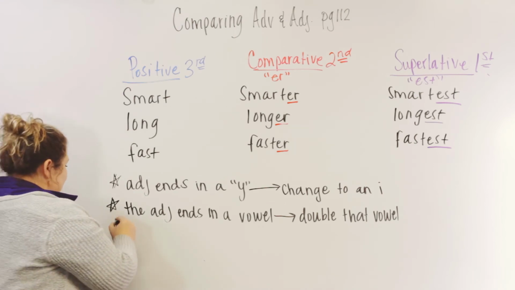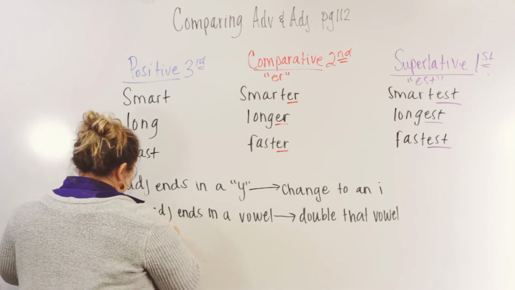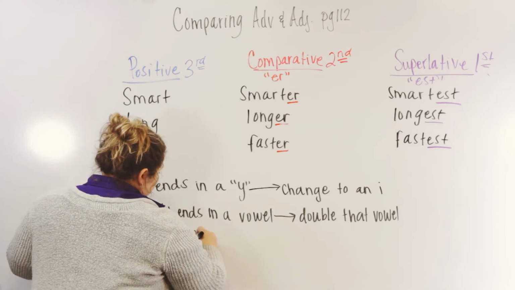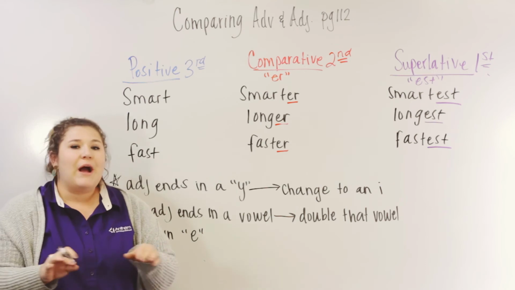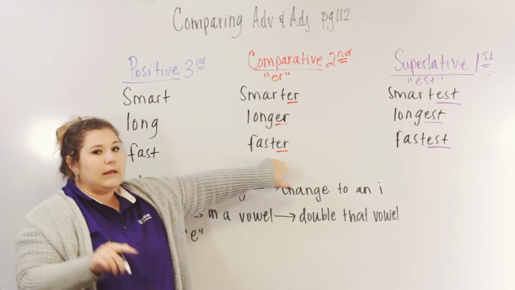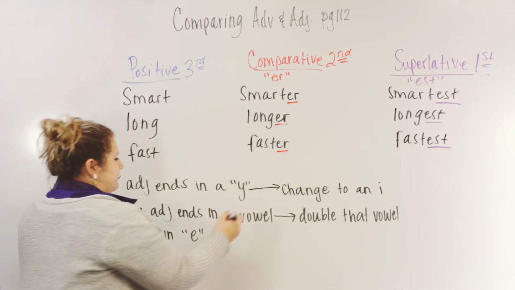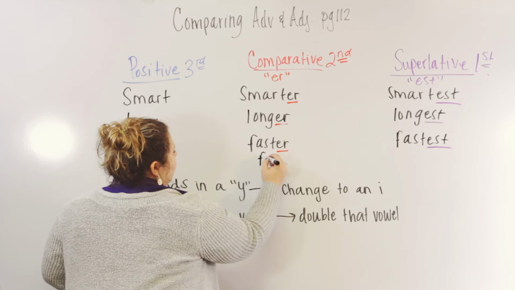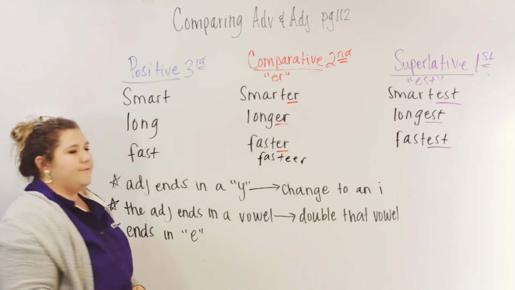Now if it ends in an E, okay, if it ends in the E, you don't have to add another E to it, okay? Because right here we're already adding ER and EST. You don't have to put, for example, if I were to put ER, fastier?